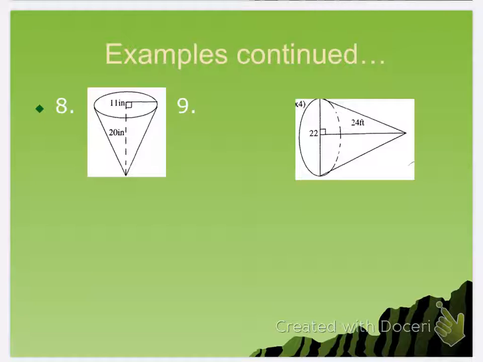Okay, we're back at it. So volume again is still that 1/3 pi r squared h. So we have volume equals 1/3 pi radius of 11 inches squared times 20 inches.